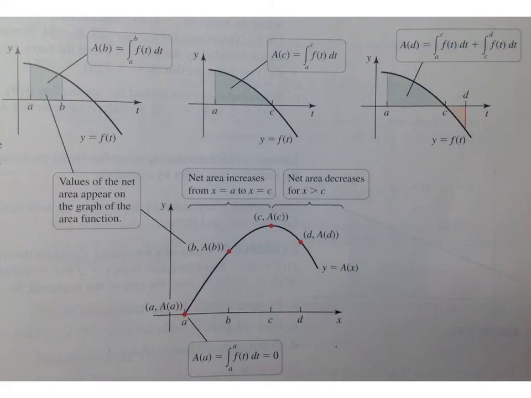But this one represents our area function. And this is just a function. So if we wanted to know what the exact area was from A to B, we could just come down to our area function and plug in B. Let's make up some numbers to make this a little more solid. Maybe this would be 10.